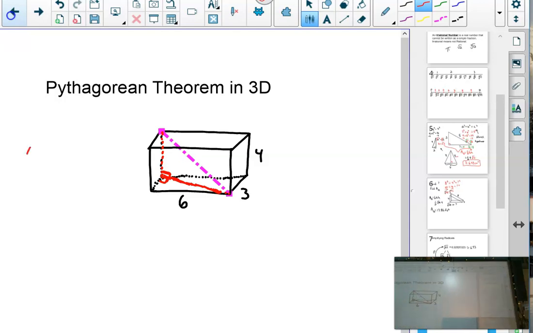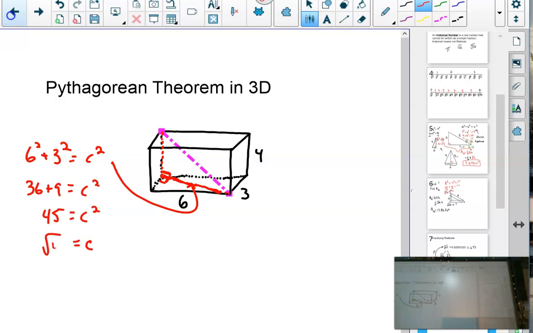That would be 6 squared plus 3 squared equals c squared. So that would be 36 plus 9, 45 equals c squared. C equals the square root of 45. Sweet, I figured that out.